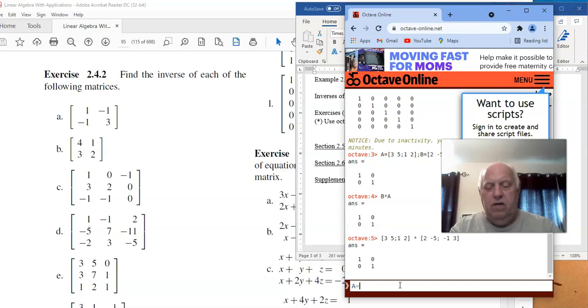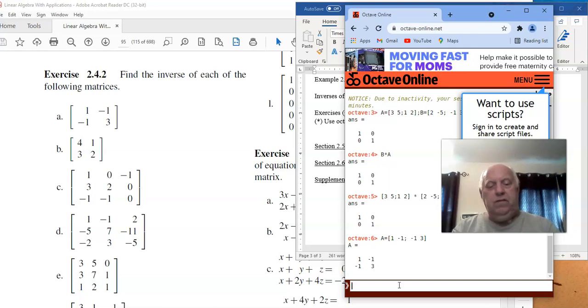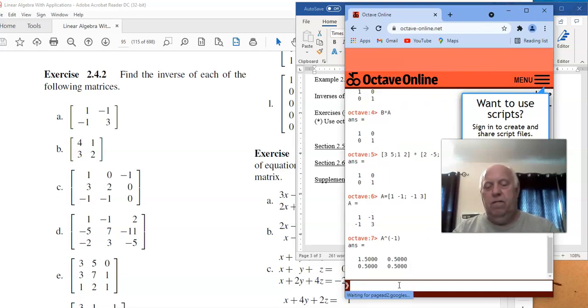So I'll say A equals, we'll do the first one, 1 space, -1, semicolon, -1 space 3. There it is. What is A exponent -1? That's the inverse, is exponent -1.